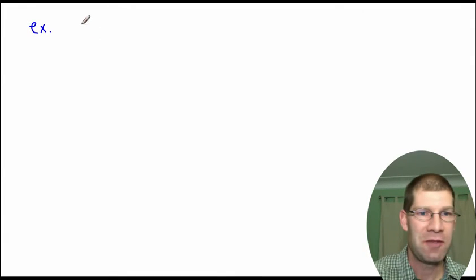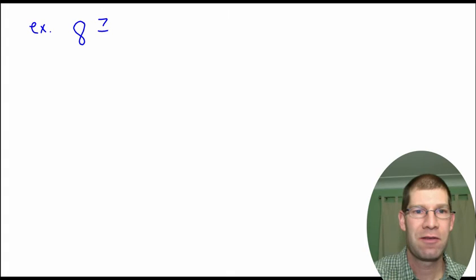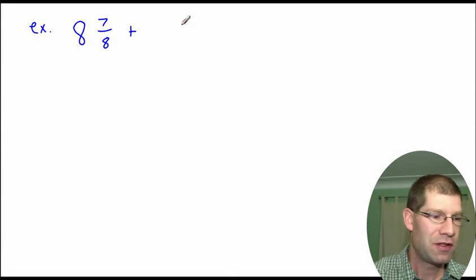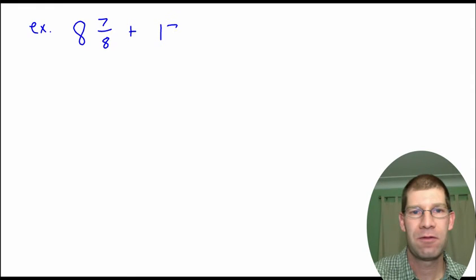One more example, and then I'm done with the adding mixed numbers portion. So my last one is going to be 8 7/8 plus 13 1/2. And for here, I'm going to combine my integers.